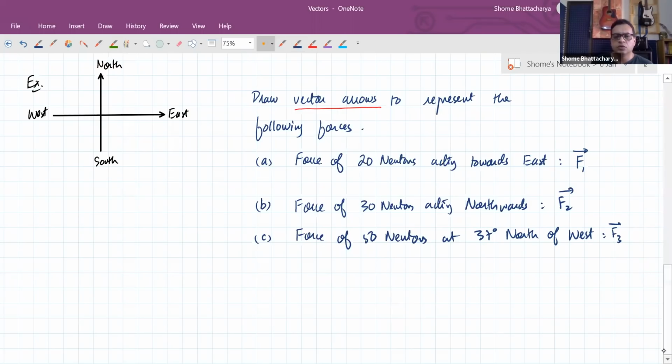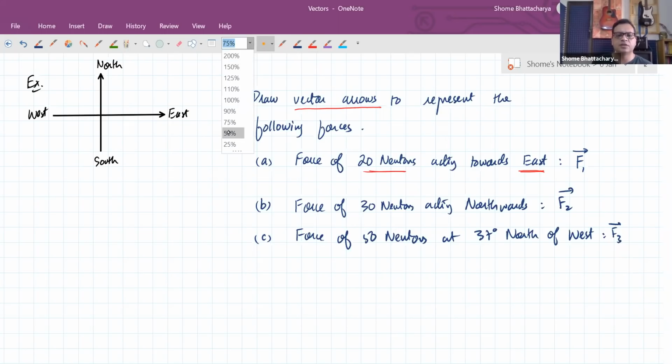So we'll have to draw individual arrows to represent F1, F2 and F3 such that those arrows contain this information. The length of the arrow should be proportional to the magnitude, and the direction of the arrow should be along the direction in which the force is acting. For example, F1 is acting towards the east.